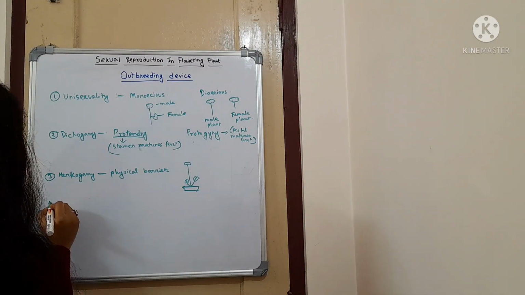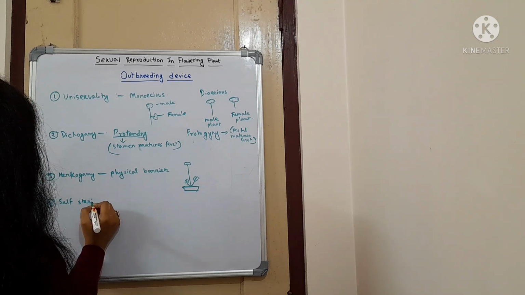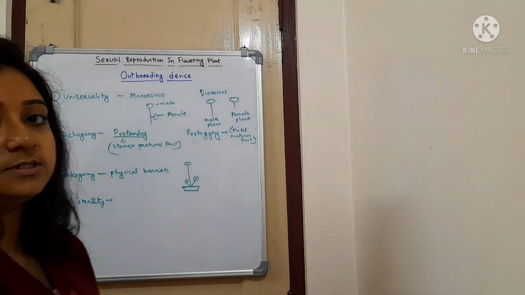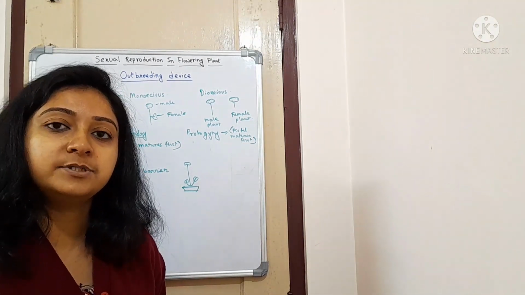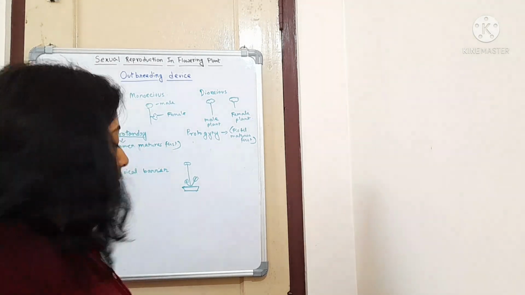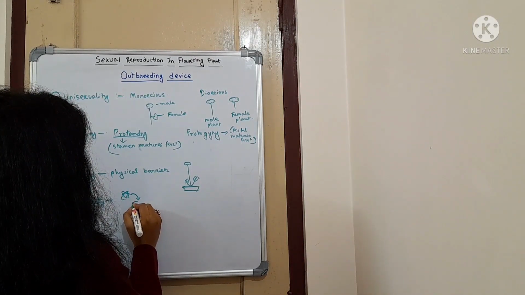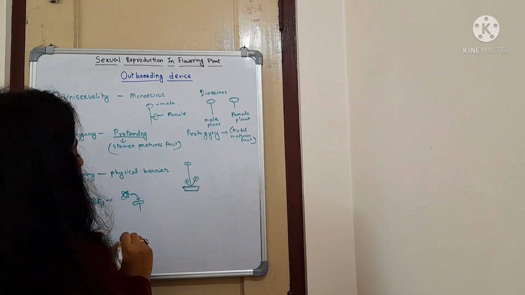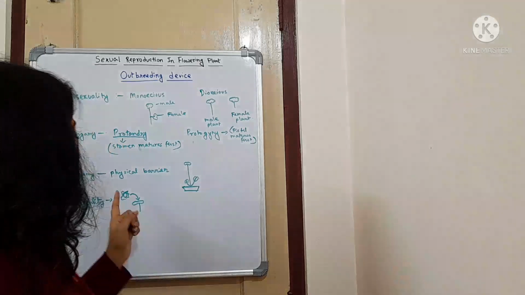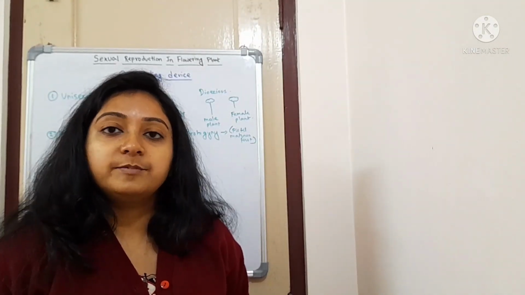Next event which can occur is self-sterility. Self-sterility is another event, that means the pollen grain of the species will fall on the stigma of the same species, but then also they will release some sort of, let me just draw this picture, maybe this is the pollen grain which is falling on the stigma of the same species, but the stigma is releasing some chemical factors due to which the pollen grain is not able to germinate on the stigma of the same flower.